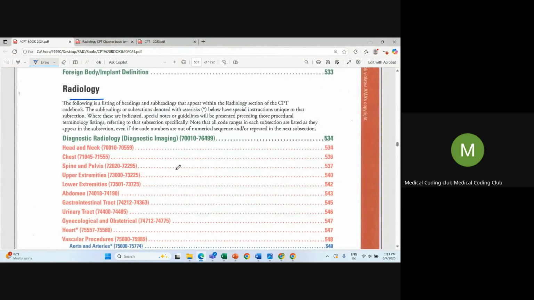Firstly, when you take radiology as your section for study, the first thing you need to understand is modifiers. Modifiers include 26, which is very common under the radiology section. Modifier 26 is used for professional service.